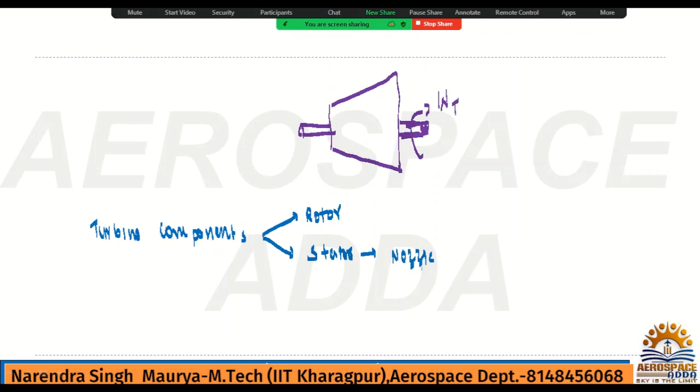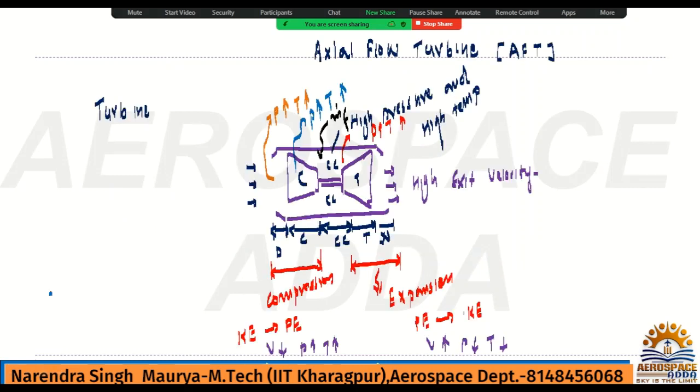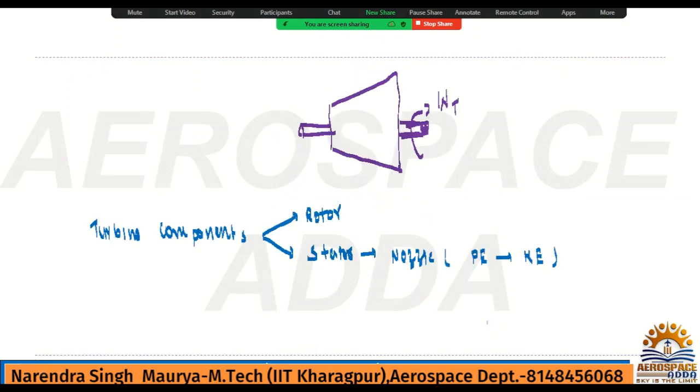Why is it called a nozzle? Because the work of a nozzle is to accelerate the flow, so it converts pressure energy into kinetic energy. And as I told you in the starting, the turbine itself converts pressure energy into kinetic energy. If you see the difference between turbine and compressor, in the compressor this was the rotor and this was the diffuser, or stator.